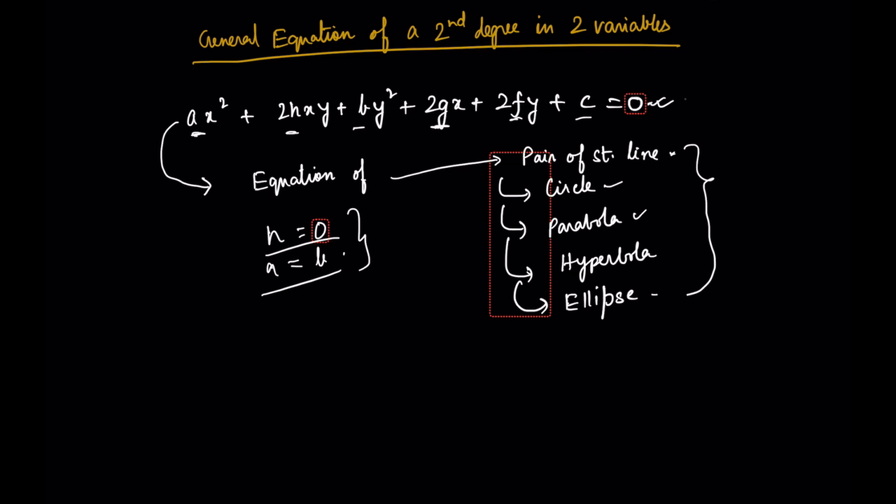Now this equation is going to be the key equation: ax square plus 2hxy plus by square plus 2gx plus 2fy plus c is equal to 0. This key equation is going to stay with you till the end of this playlist.